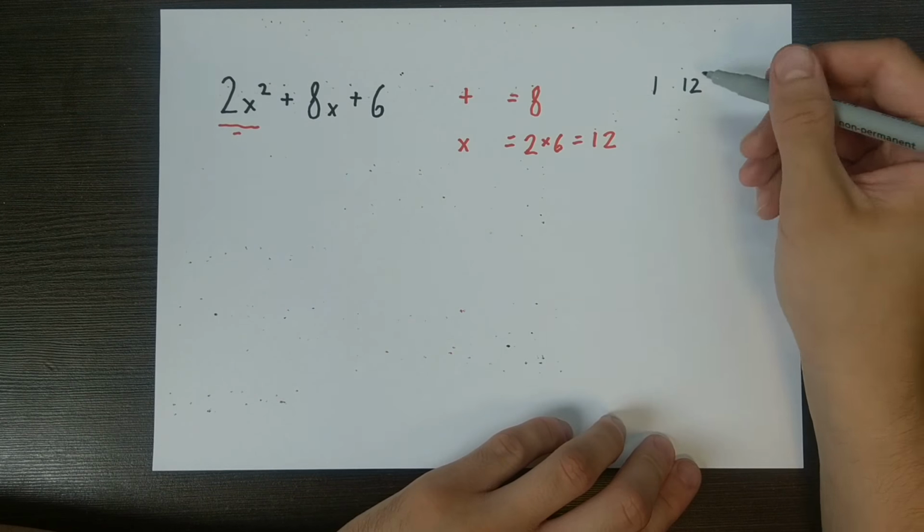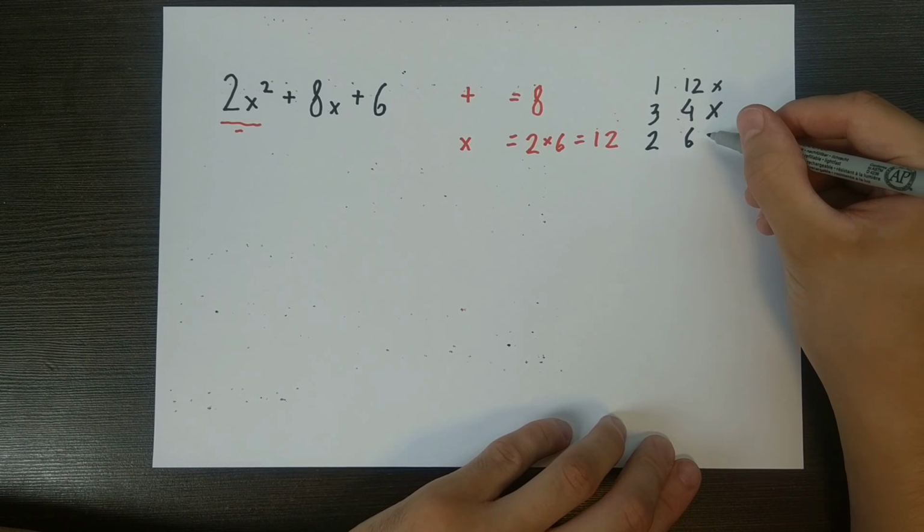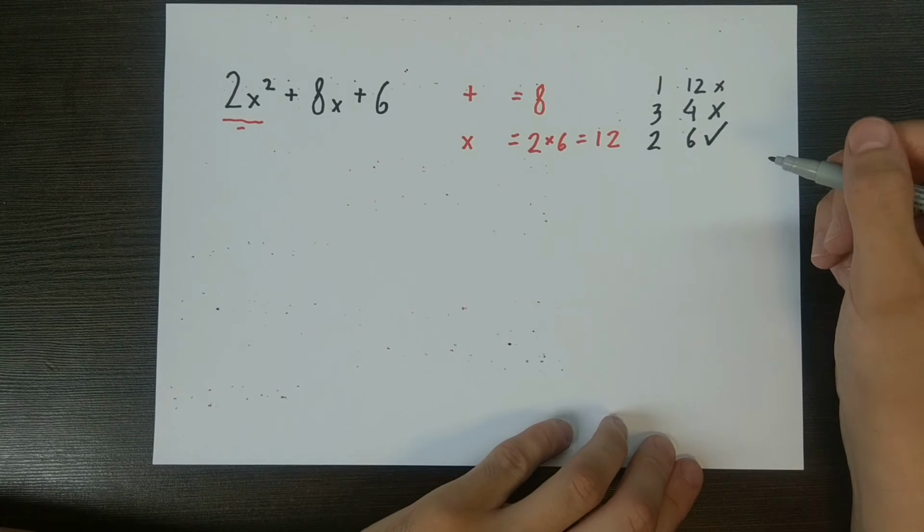However, if we add them, it gives us 7. We are almost there, but not quite. And another possibility is, of course, 2 and 6. We multiply 2 times 6, that gives us 12. If we do 2 plus 6, that gives us 8, of course. Okay, so we got the pair of numbers, 2 and 6.